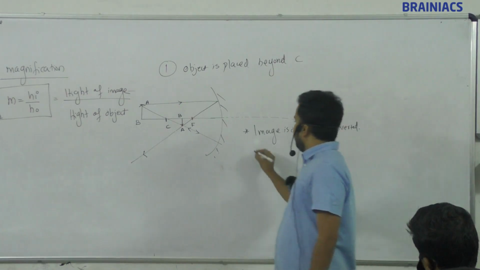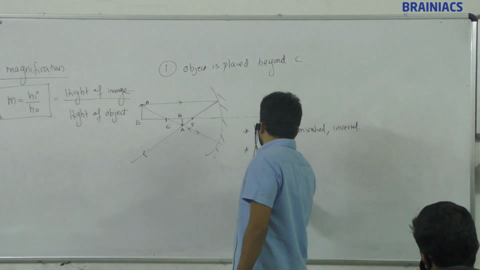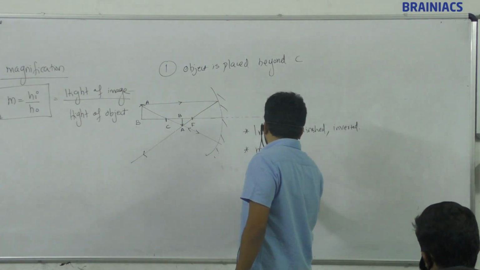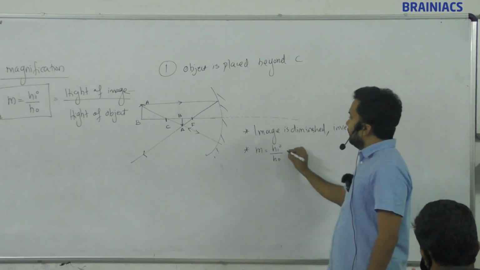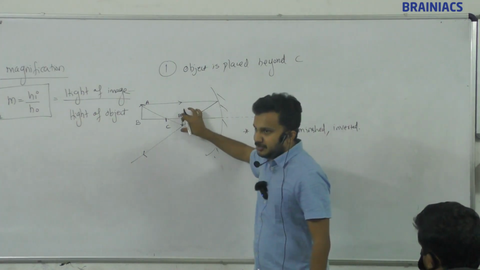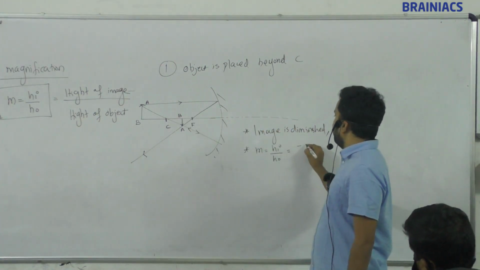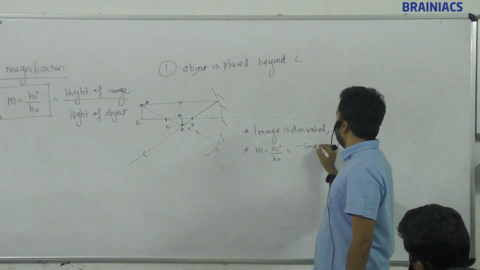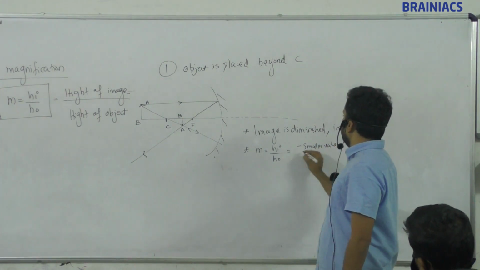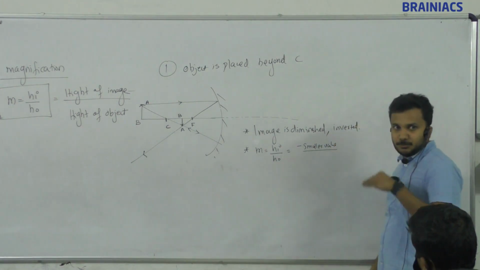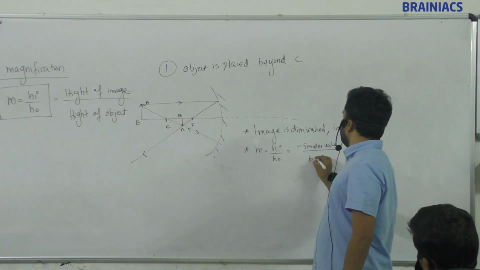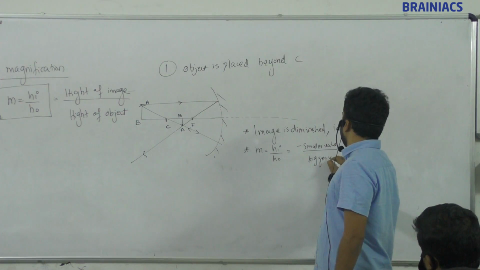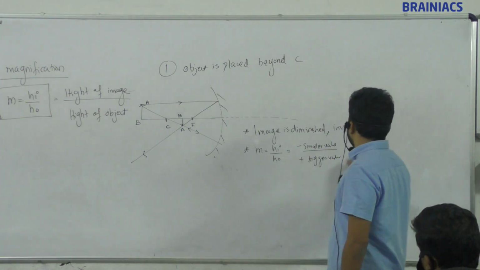Listen here, then we can write magnification equals height of image by height of object. Here the height of image is a smaller number, but it is a negative smaller value because it is inverted. The other one is a bigger value, and it is positive.